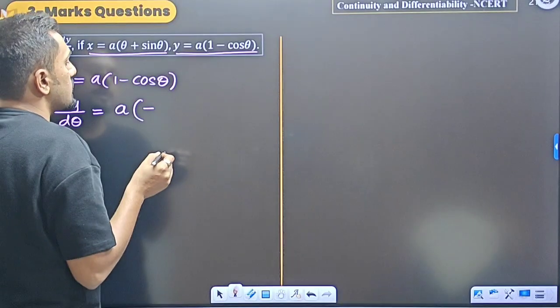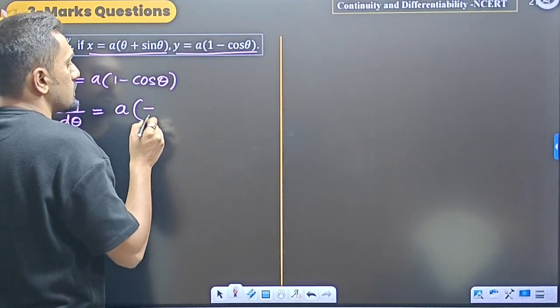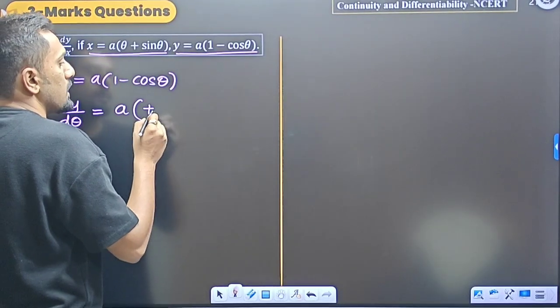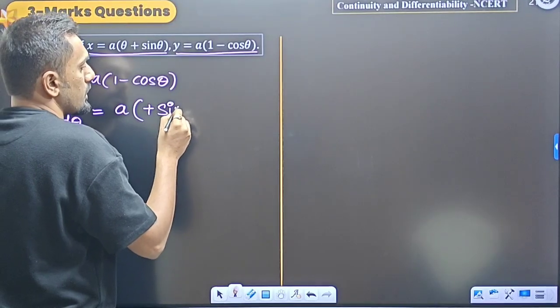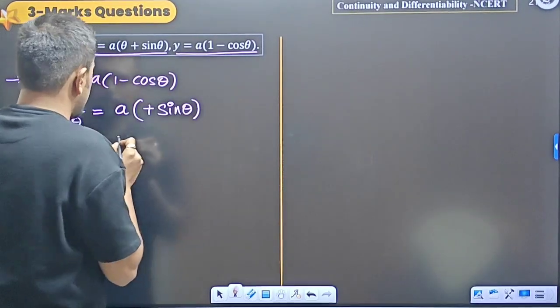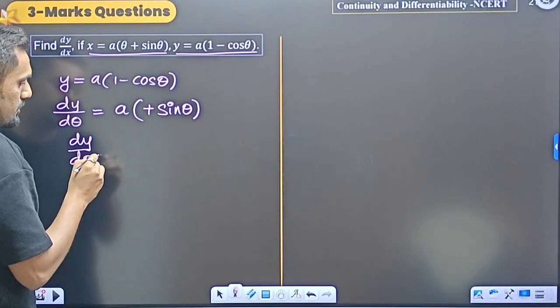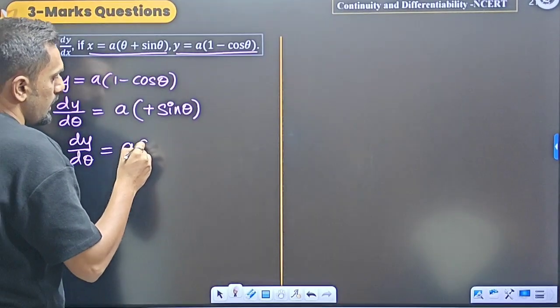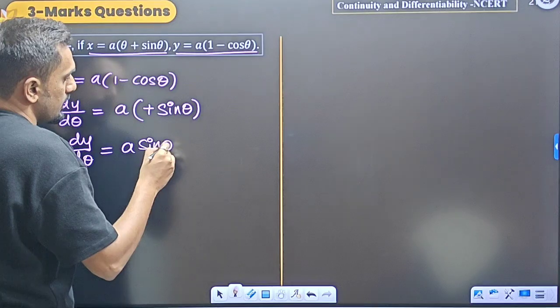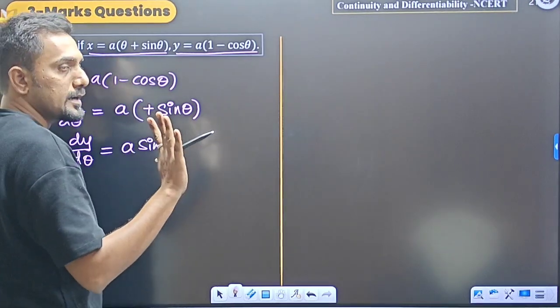Derivative of cos theta is minus sin theta. That minus into this minus becomes plus sin theta. So dy by d theta is equal to a sin theta. Don't write a plus sin theta.